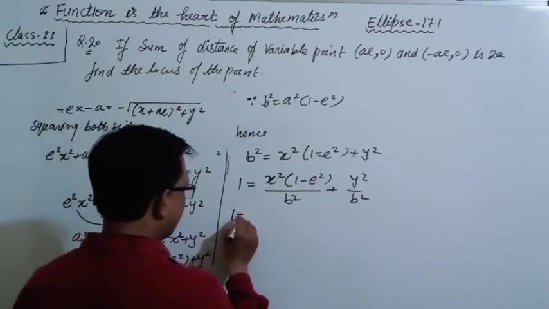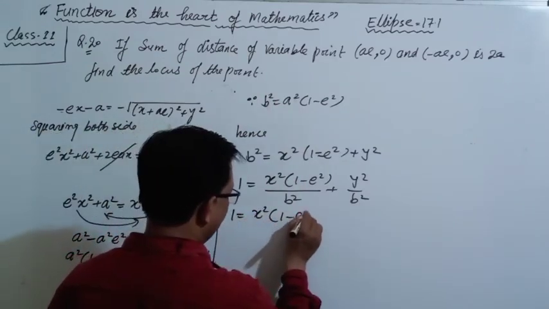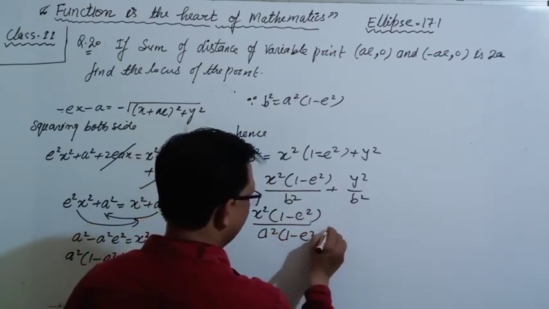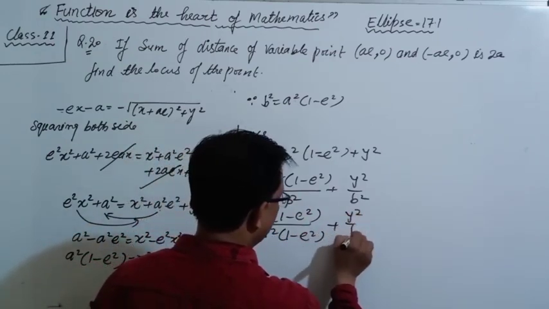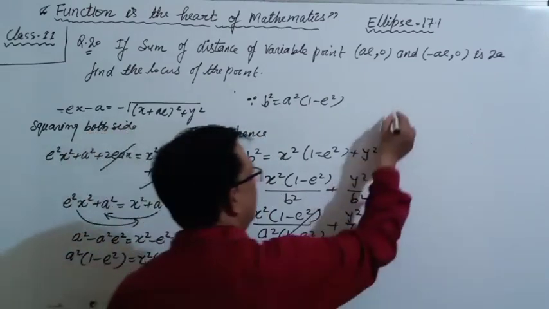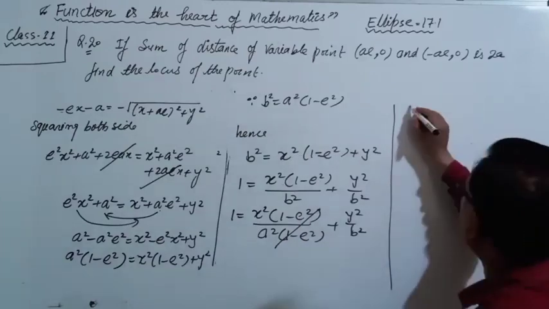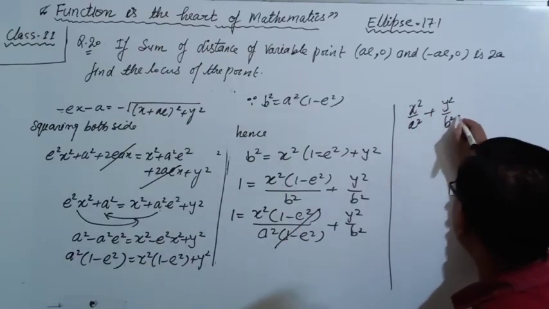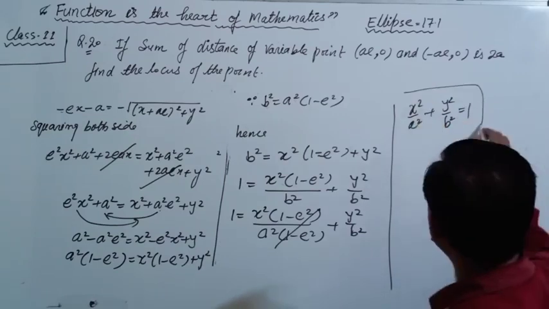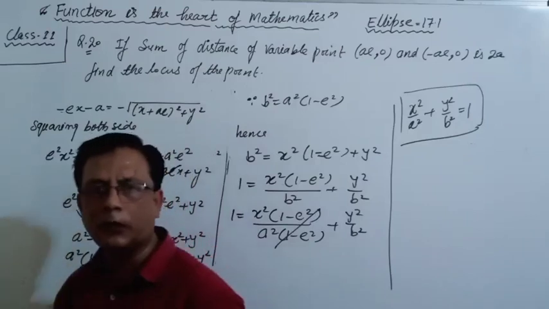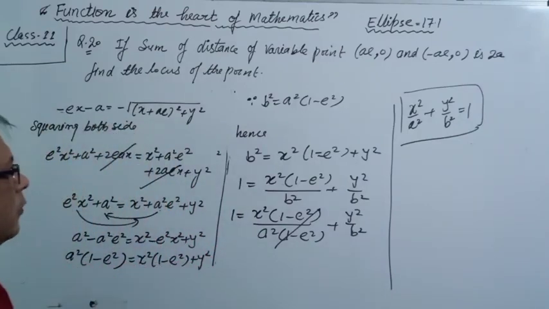So 1 is equal to x square (1 minus e square), and in place of b square this is a square (1 minus e square), plus y square upon b square. This cancels out. Now finally we get x square upon a square plus y square upon b square is equal to 1. So this is your locus of the point, and the locus of the point is an ellipse. So students, note this question.